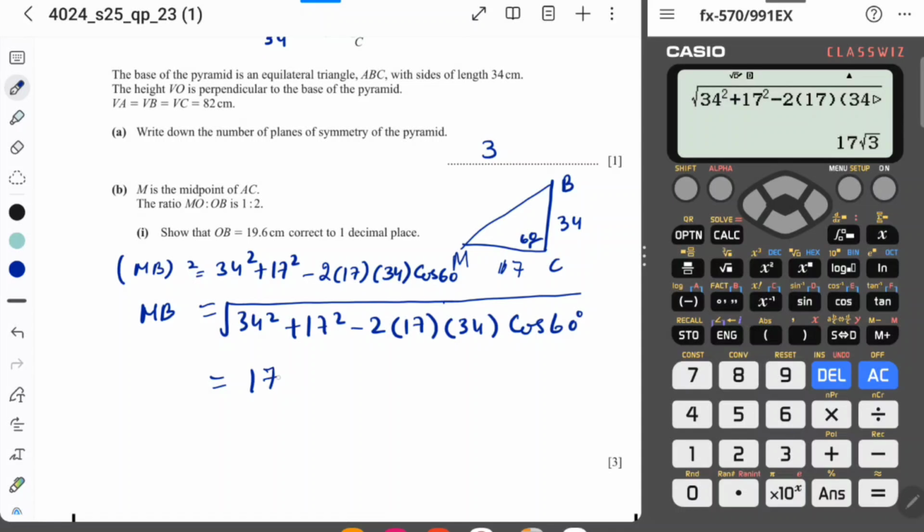Keep writing it down as it is. So this much is 17 square root of 3.